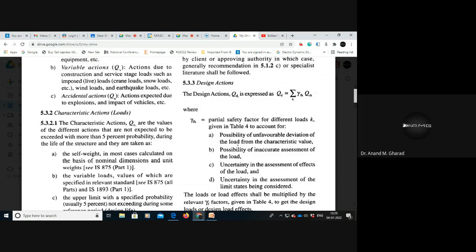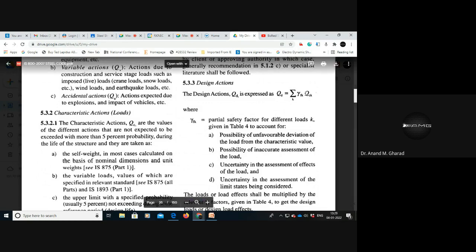Here the formulation is given. So you can see gamma fk, it is the partial safety factor for different loads and number of loads k given in table 4, to account for the possibility of unfavorable deviation of the load from the characteristic value.